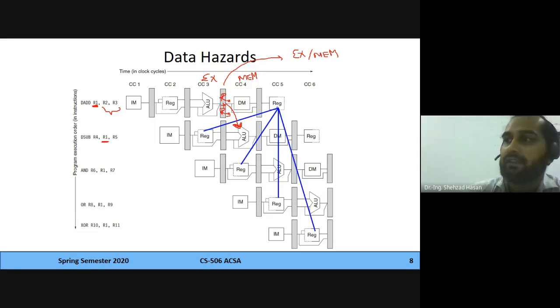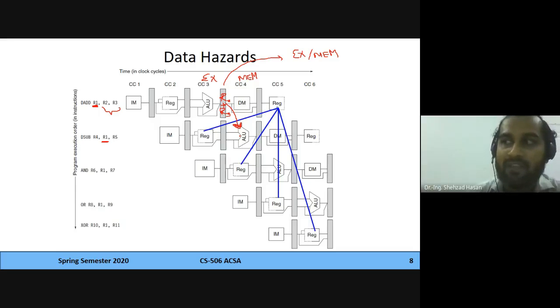We see in this example that R2 plus R3 is available by the end of the third cycle, and we need it at the start of the fourth cycle. So that makes sense, third cycle and then the fourth cycle. It's never about getting it before time; you are getting it after that result has been computed.